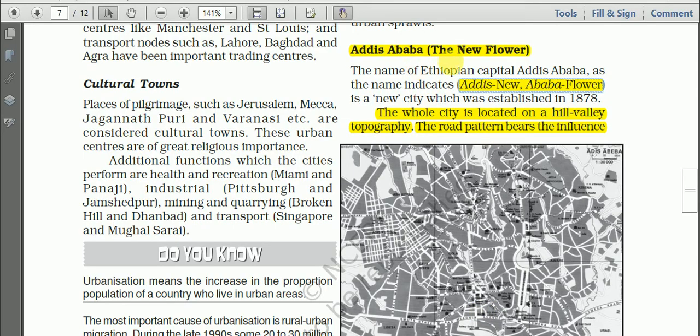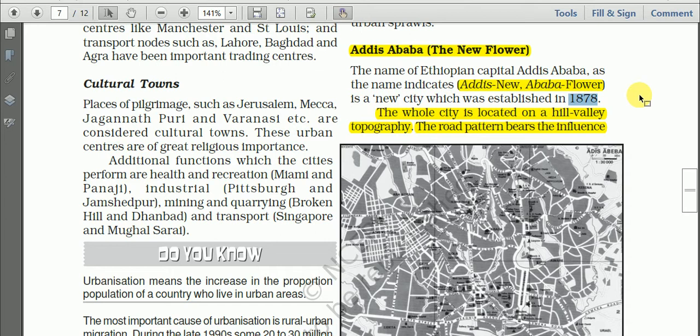Addis Ababa is the capital of Ethiopia. It is the new capital of Ethiopia, and it was established in the year 1878.